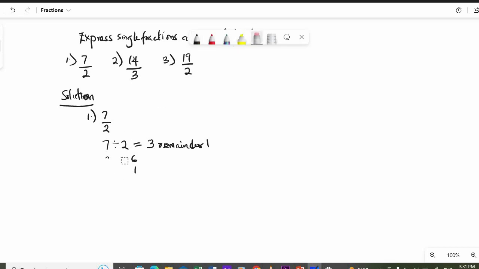Alright, so we'll just erase this. Okay, so now we know that 7 divided by 2 gives 3 with a remainder of 1. So this 3 here is what we'll take to be our whole number part.